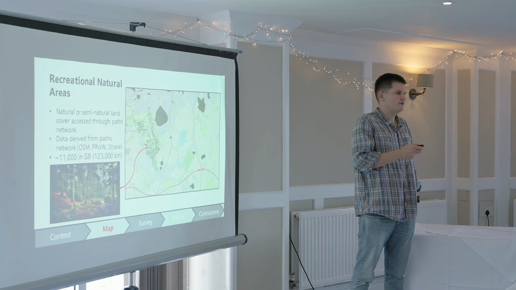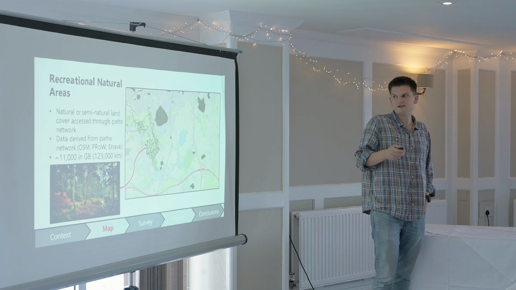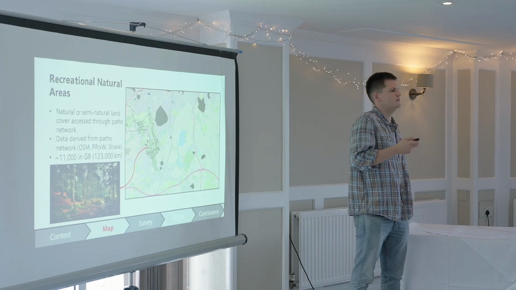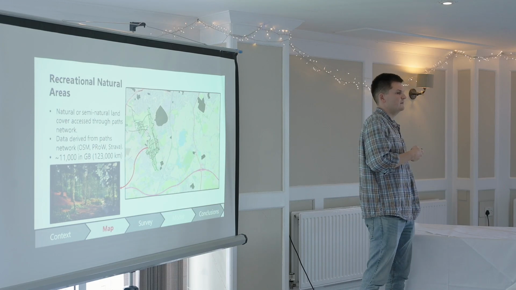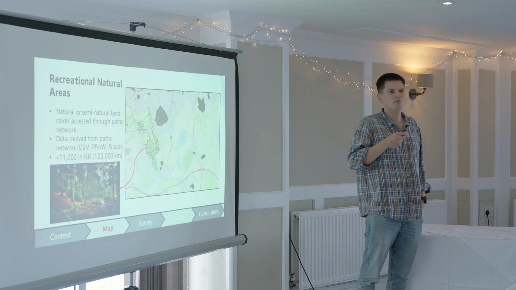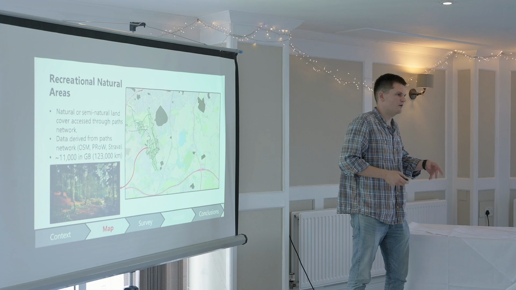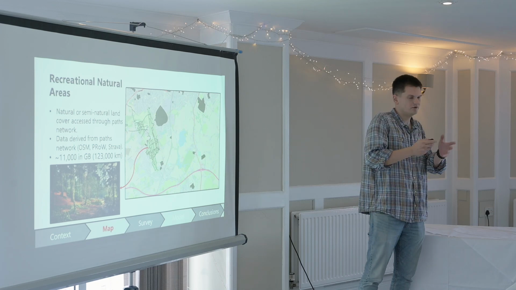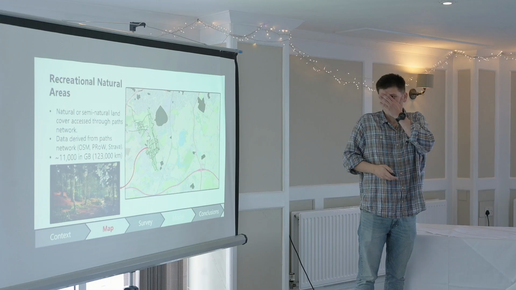The next category that we divide them up into is recreational natural areas. These are more natural recreational experiences. They're generally areas of natural or semi-natural land cover, and they're more accessed through the paths network. Whereas in a park you might wander all over, you might go and play football in the grass, in these sorts of areas we're suggesting that you're a bit more restricted to the paths.